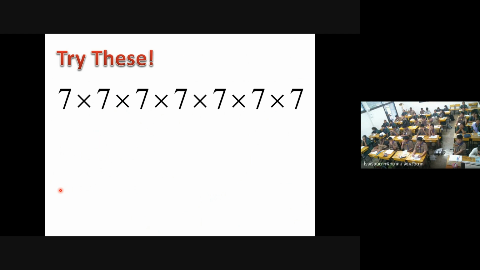Very good. Next. How about this one? 3 times 3. If we express this as an exponential number, very good. That is 3 to the power of 2. Again, the base is 3, and how many times do you multiply it by itself? 2 times, right? That's why the power is 2.